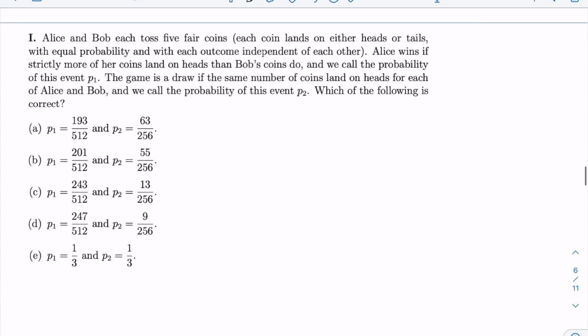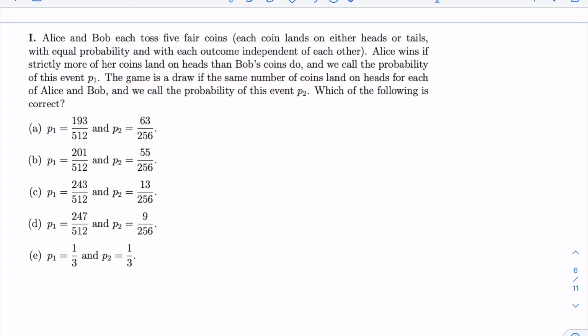So each has 5 fair coins, none with heads and tails with equal probability. And there are 2 events. If Alice wins, strictly more heads, with P1, or if they have the same number, we call it a draw, with P2.